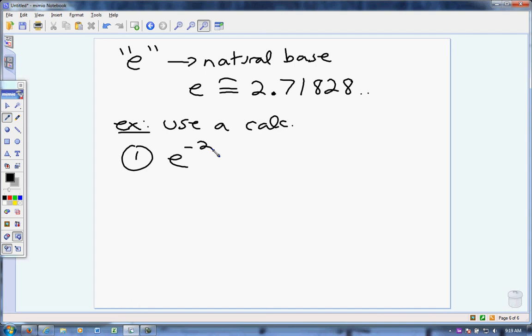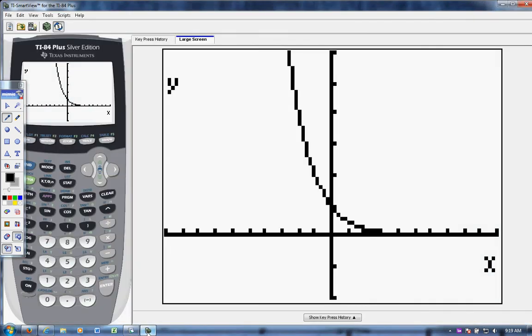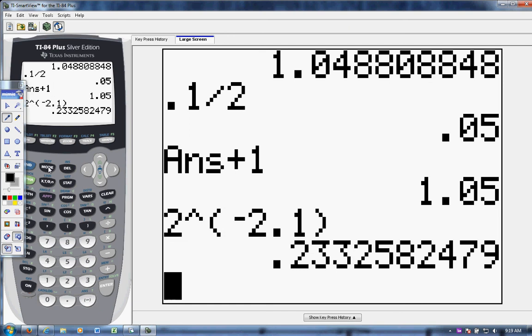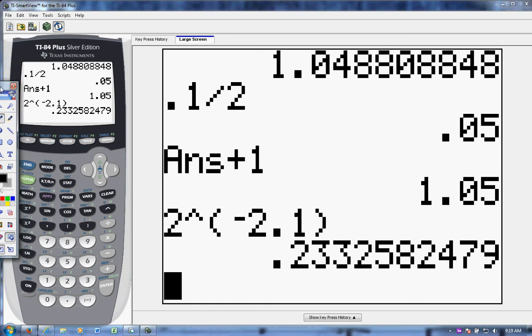Well, we're going to go to the graphing calculator, go to your main home screen, and if you look over here on the left-hand side, you will see ln. Right above ln is an e. Sorry, I needed to use a second ln. And when you do that, it will show e caret.